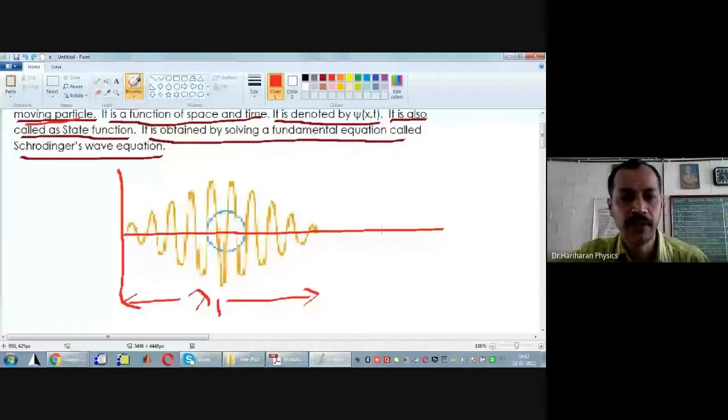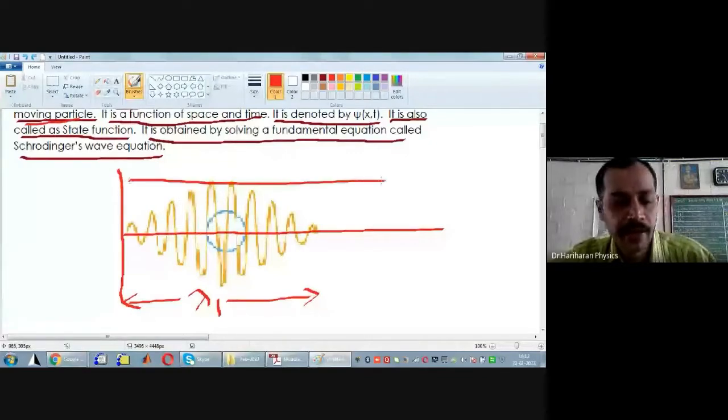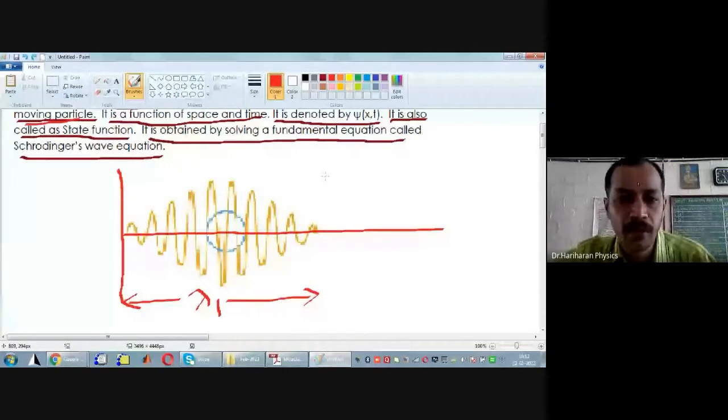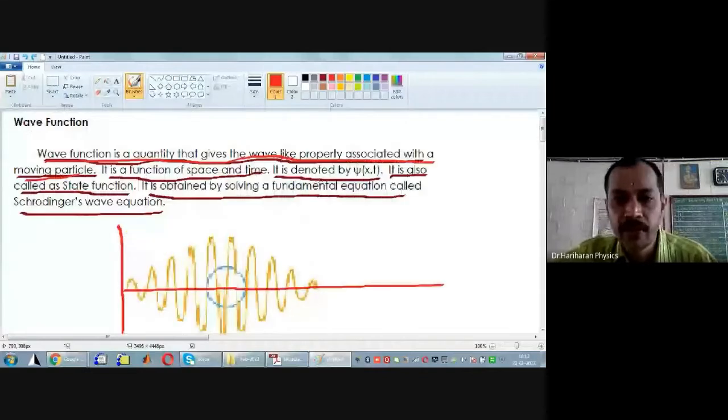Next, as time lapses, the matter wave can either increase or shrink. So it is a function of both space and time, denoted by psi of x comma t. It is also called the state function, obtained by solving a fundamental equation, which we call Schrodinger's wave equation.